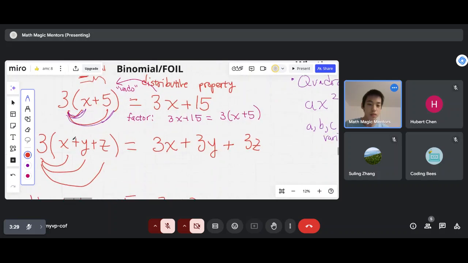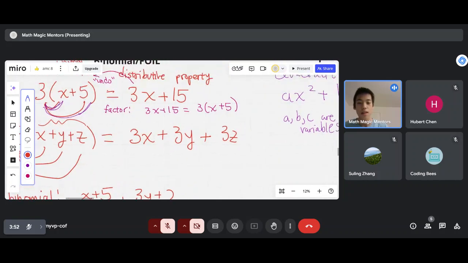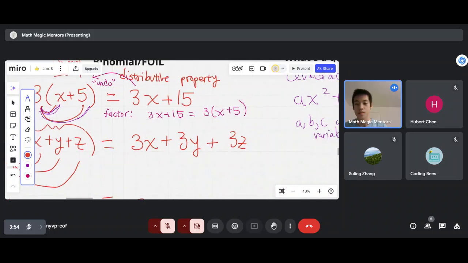And so here we can actually use the distribution technique for more than 2 terms. So in this case here, we have 3 terms, x and y and z. So when we distribute 3 to this whole expression by multiplying 3 and x plus y plus z, you get 3x plus 3y plus 3z.